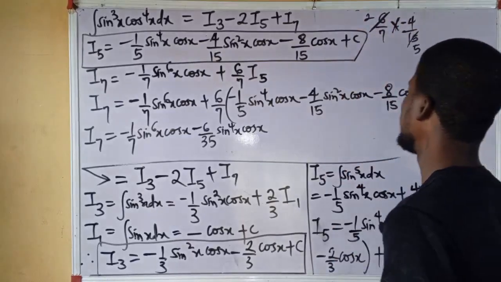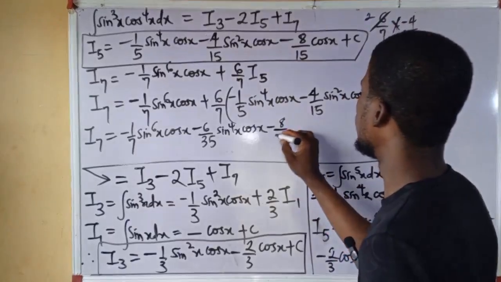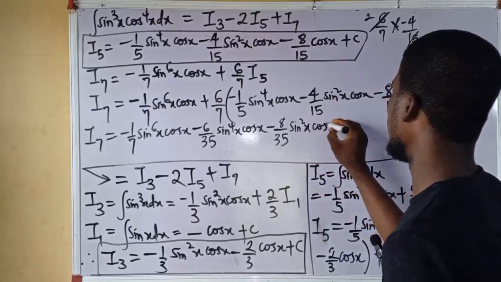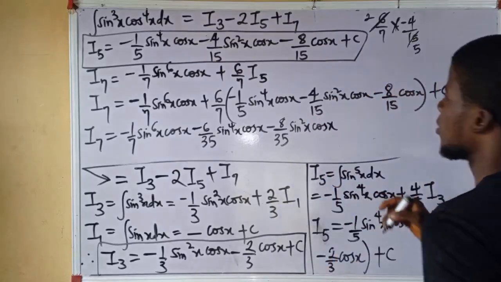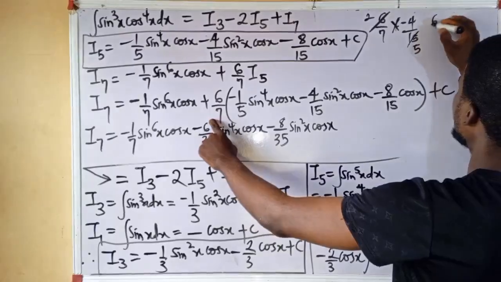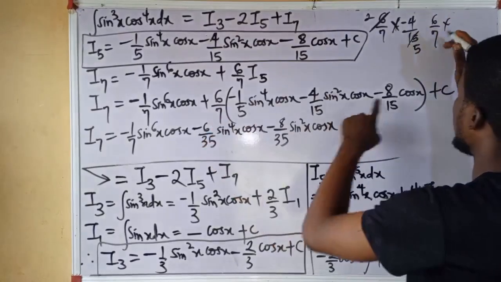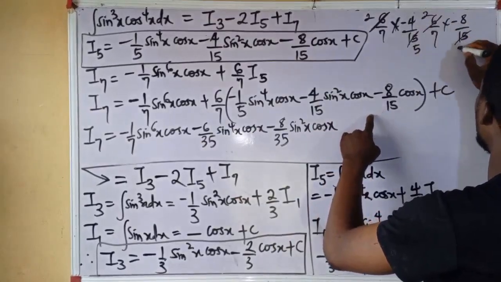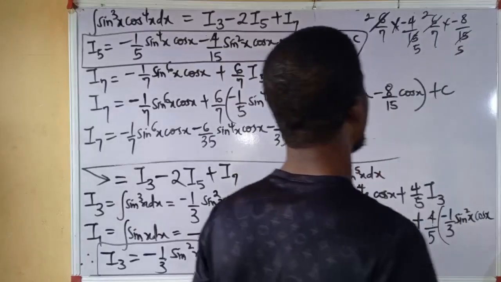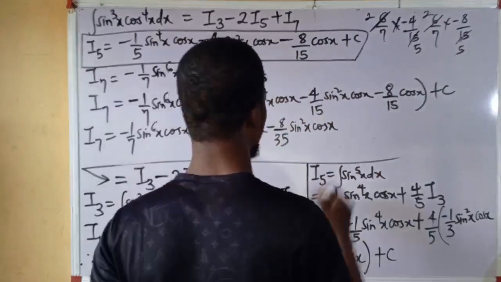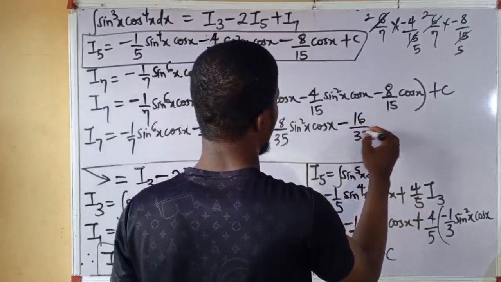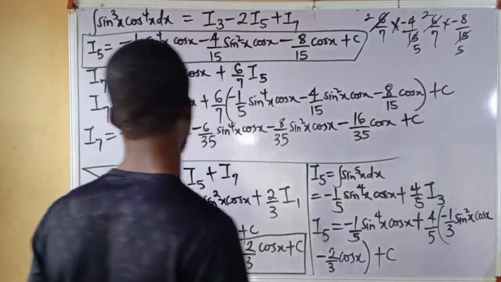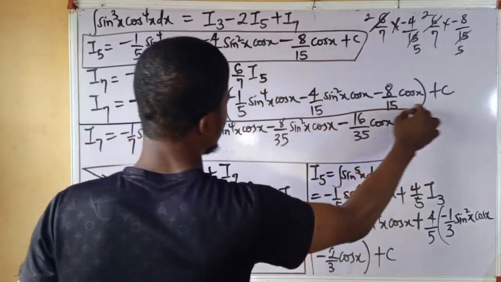This is minus 8 over 35. So we have minus 8 over 35 into sine squared x cos x. Then lastly, 6 over 7 times minus 8 over 15. 3 here is 2 and 3 here is 5. So we'll be having minus 16 over 35 cos x. Then plus the constant of integration. This is I7.